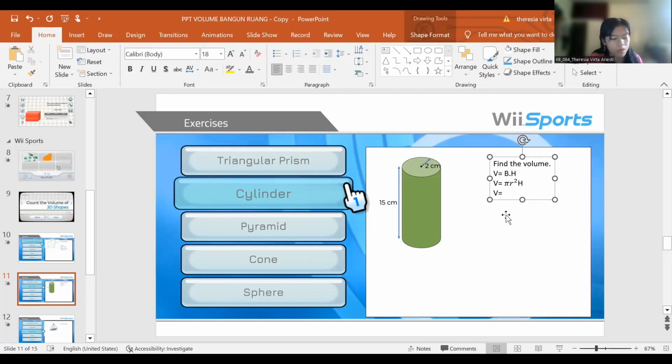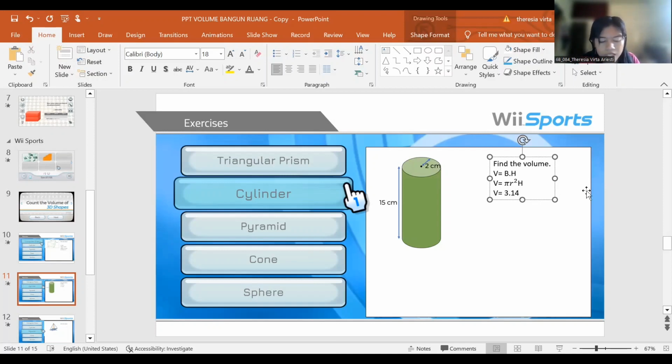Pi. What's the value of pi? It's 3.14 or 22 per 7. It's up to you what we're going to use. I think because the radius is 2, maybe we can use 3.14.